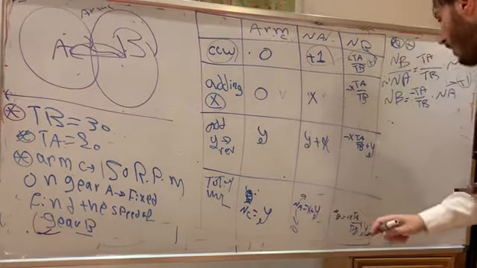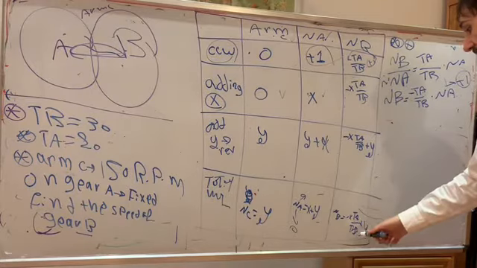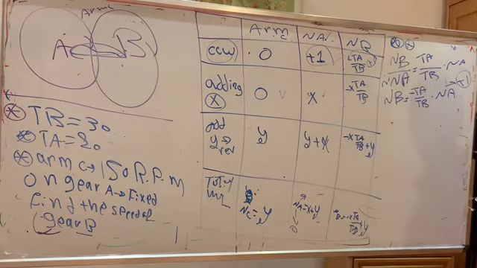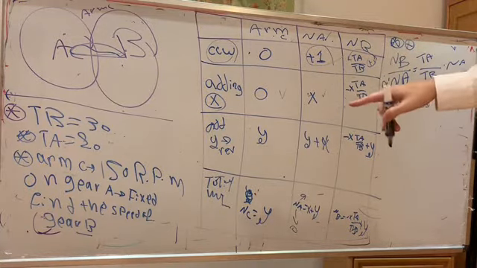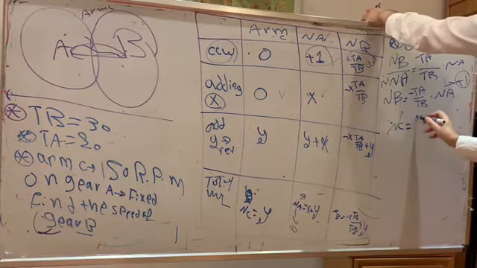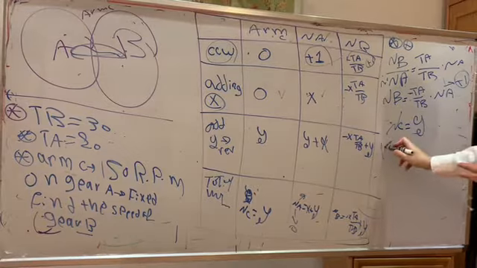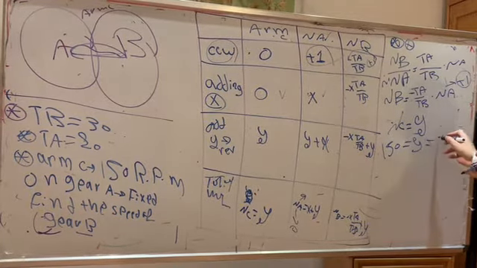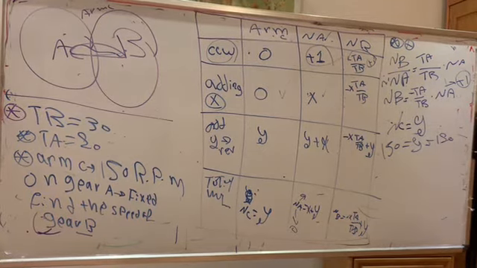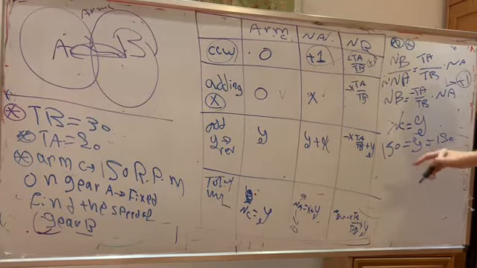So 0 equals X plus Y. I have NB equal to minus X, TA over the teeth of gear A and the teeth of gear B, plus Y. Since the arm C rotates on gear A at 150 RPM, NC equals Y. So the Y will equal 150, because the rotation of the arm C on gear A is 150 RPM. That is given.